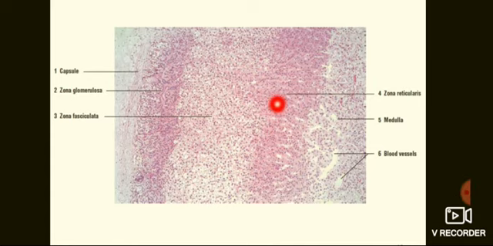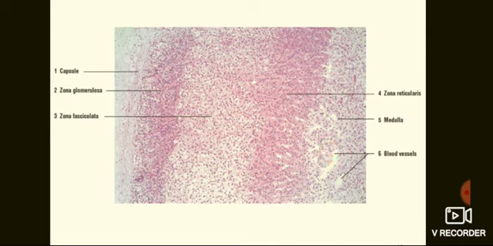The zona reticularis shows cells which are forming an anastomotic network. Then in the adrenal medulla, cells are large, polyhedral, and they are arranged in short cords, and these cells show chromaffin reaction.